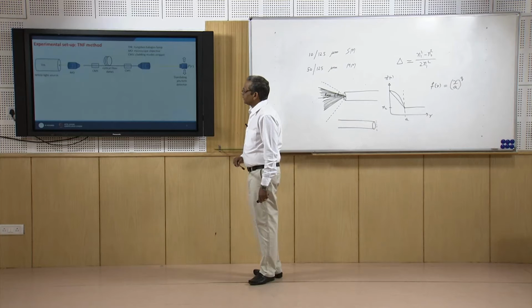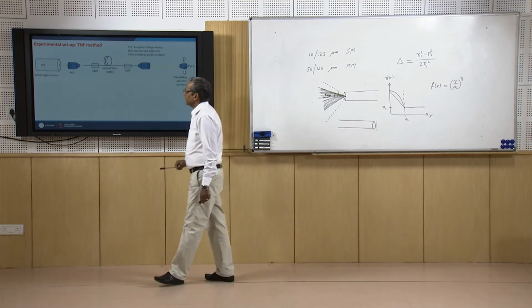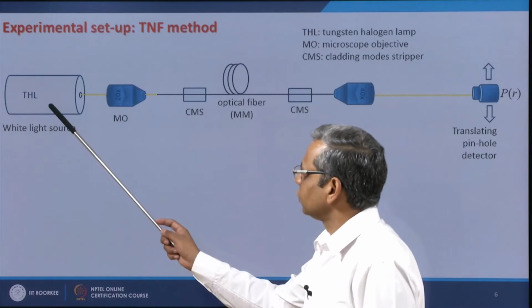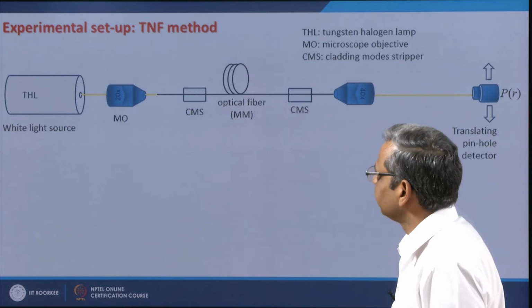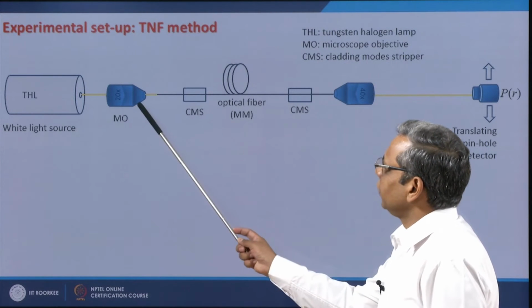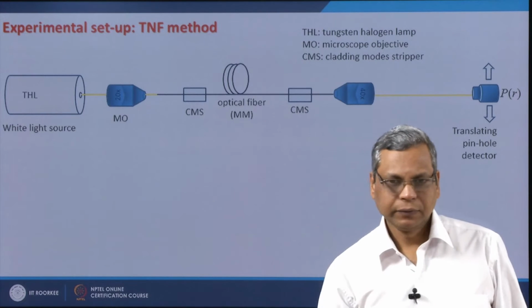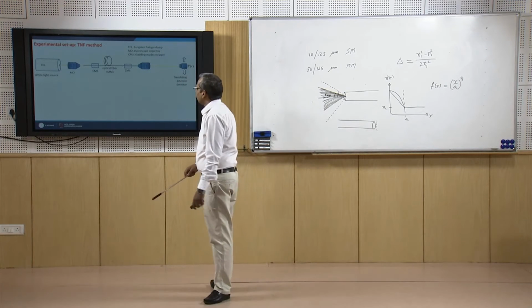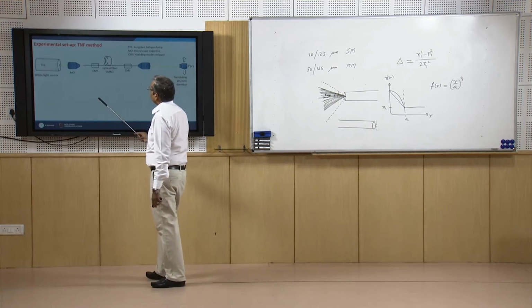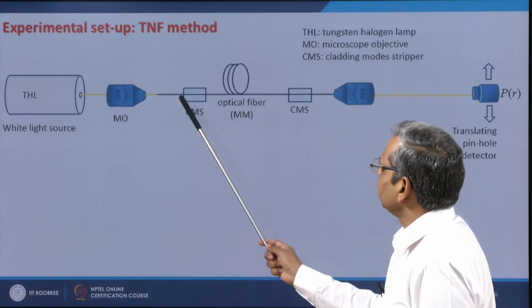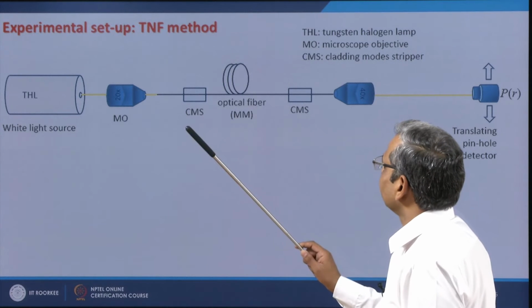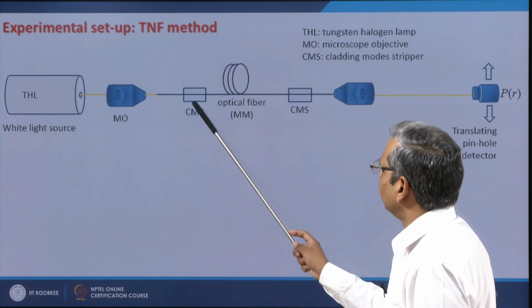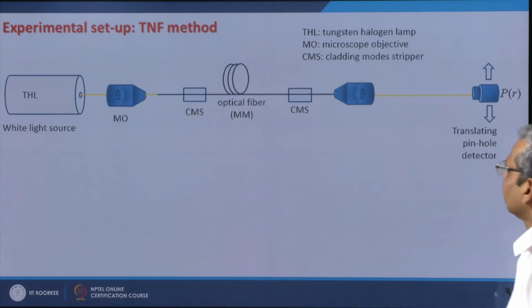So, how do I implement this? Again I take light from a white light source, which is a tungsten halogen lamp, use a 20x microscope objective which has sufficiently high numerical aperture, then I launch light into this fiber using this and put cladding mode strippers.